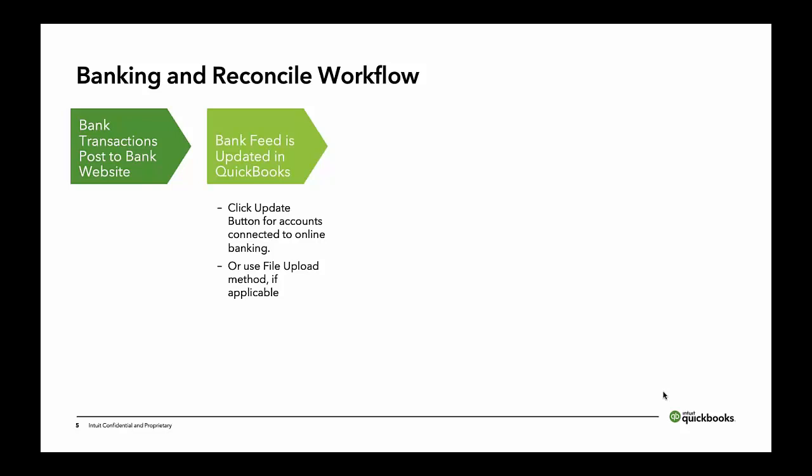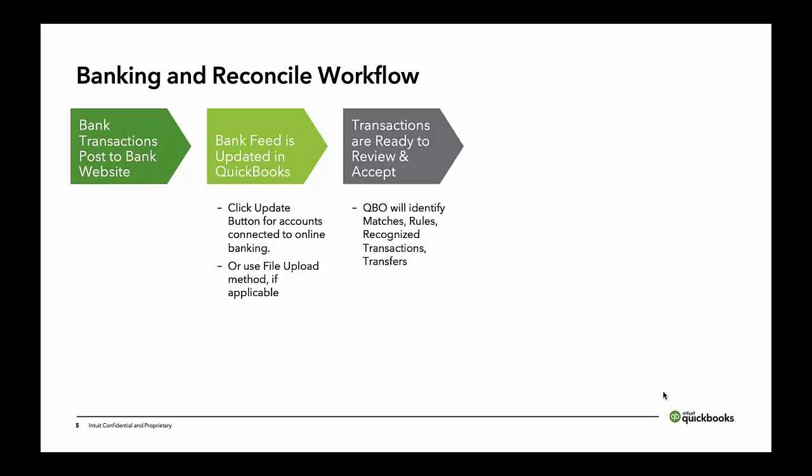Or there is an alternative method of bringing bank data in, which is uploading a file, right? And I'll talk through what the options are for that. And then once we update the bank feed in QuickBooks, the transactions will be ready to review and accept. And QuickBooks Online is actually going to look through those transactions and say, does this have a match already in the register?